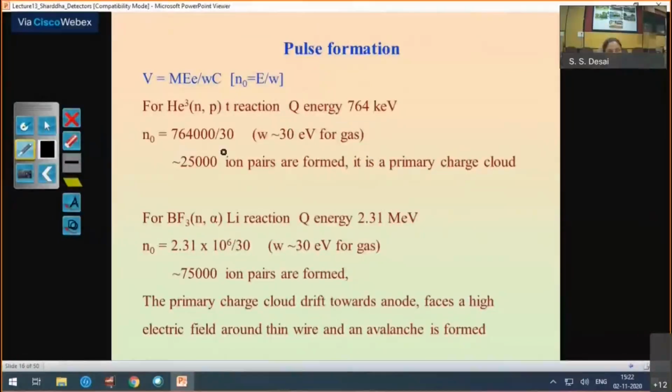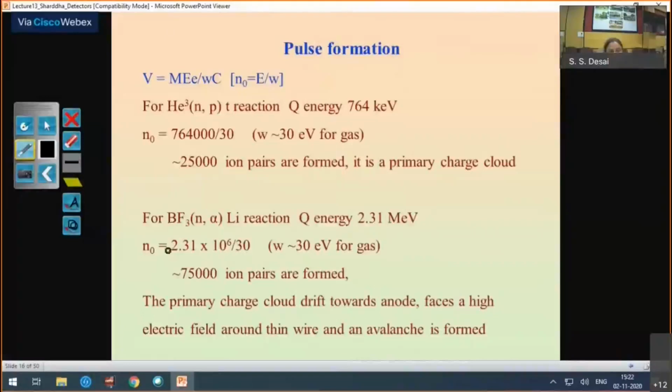For the creation of one ion pair, it is different for every gas, but we take an average value here. So 764 keV divided by 30 eV for one ion pair. In this case, the initial charge cloud created is just 25,000 ion pairs. This is a primary charge cloud, and our internal amplification will amplify it further.